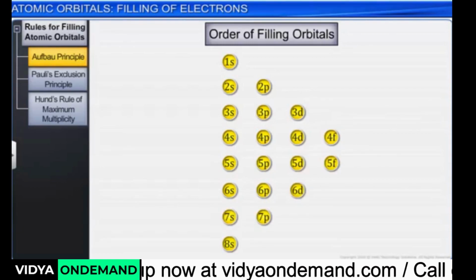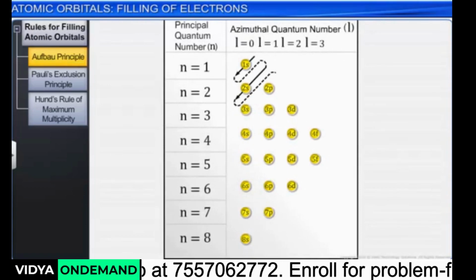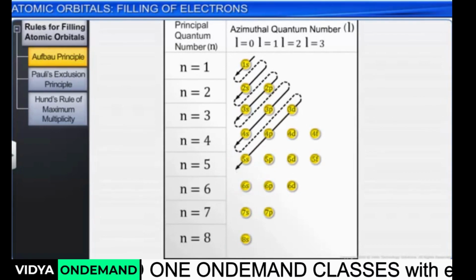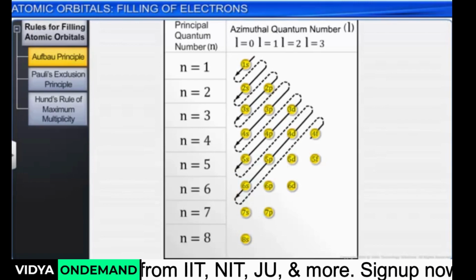This order can be represented in the form of a diagram as shown here, in which the direction of arrows indicate the order of filling of the orbitals. This representation can be conveniently remembered.